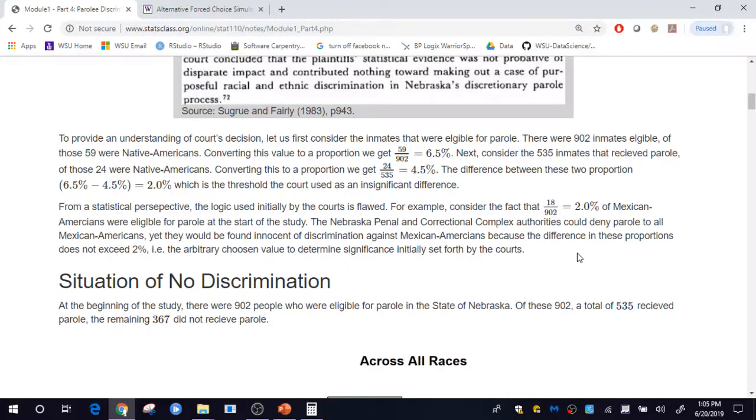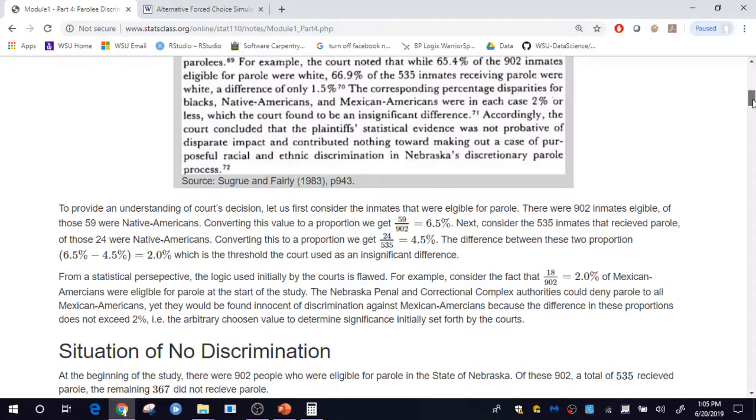That difference is 2% or less, which the court said up above was insignificant. So in other words, the state of Nebraska would never be found guilty of discrimination for the Mexican Americans. So simply choosing an arbitrary value of 2% and saying that's close enough is not going to work very well in general.